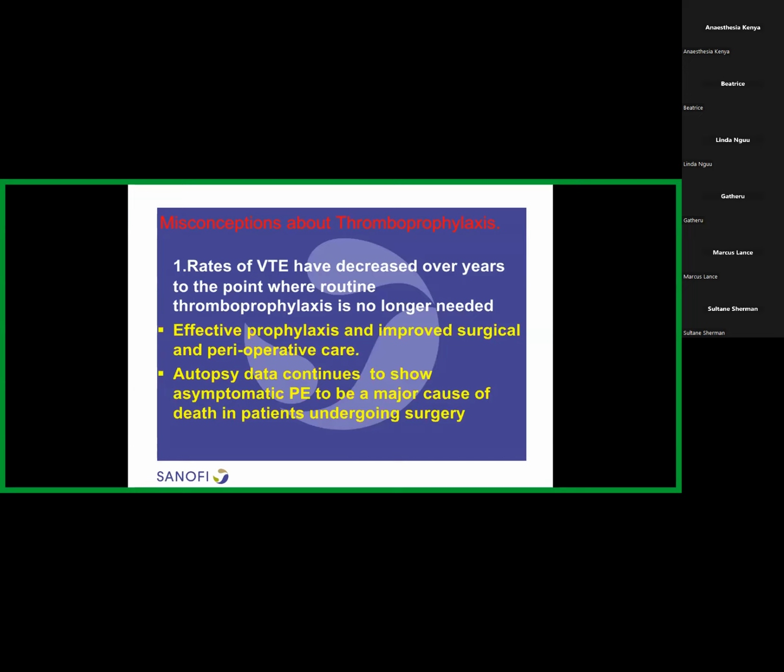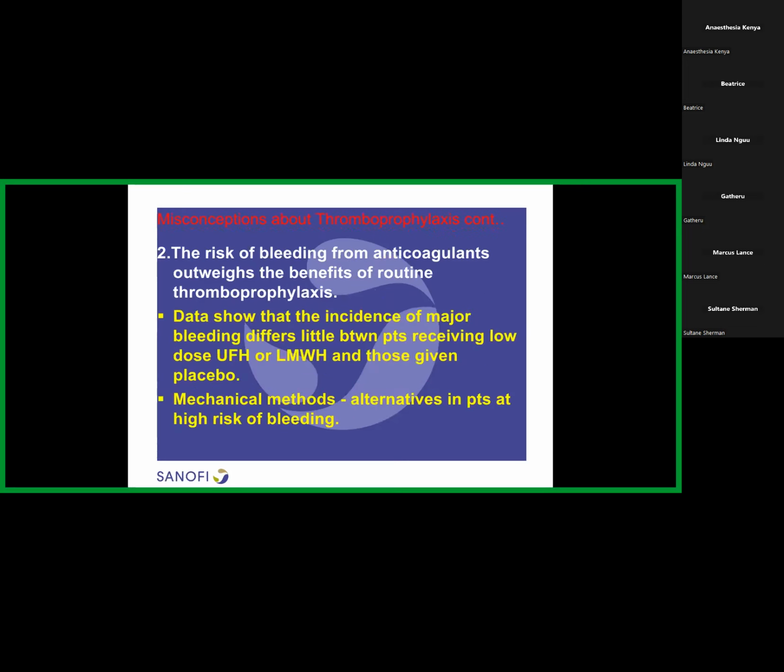Autopsy data continues to show that PEs are a major cause of death in patients undergoing surgery. As in the 2 cases, at least one of our patients was well diagnosed and was saved. But for the other one, it was a different story. So therefore, we should give prophylaxis every now and then, and not avoid prophylaxis.